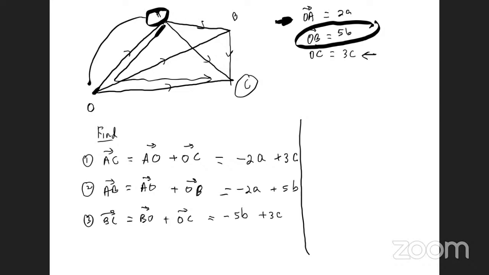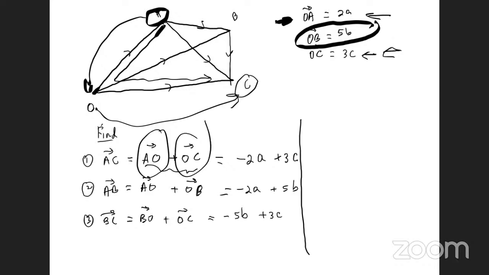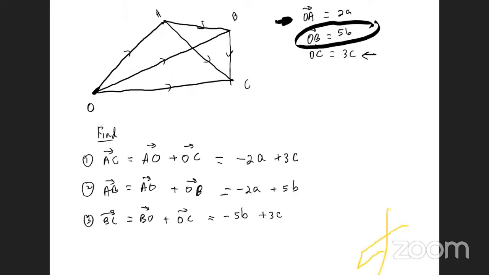You're going from A to O, then O to C. That's what I did here. And I'm using these vectors here to figure out what is AO and what is OC. And that's it. When you get some time, spend some time and look over the video.